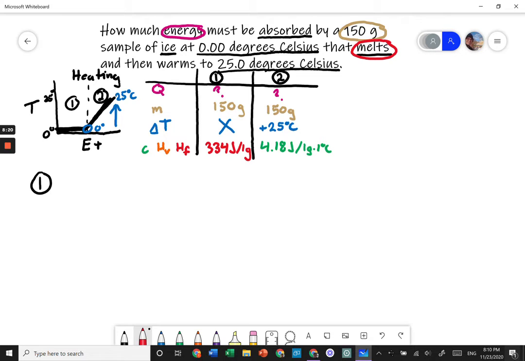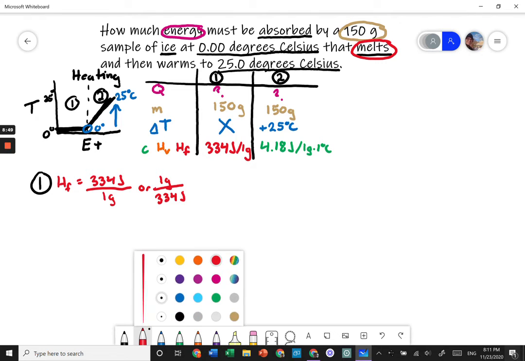For region number 1, we're using our heat of fusion, HF, which we can write as 334 joules up on top is the energy required to freeze or melt 1 gram of water. We can also write this the other way, as 1 gram of water requires 334 joules of energy to freeze or melt. Either of these is an acceptable way of writing this, and which way we use it depends on what we're looking for.